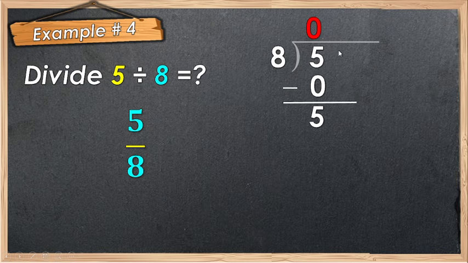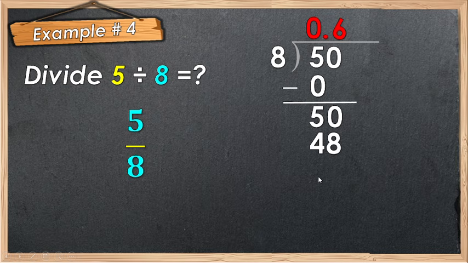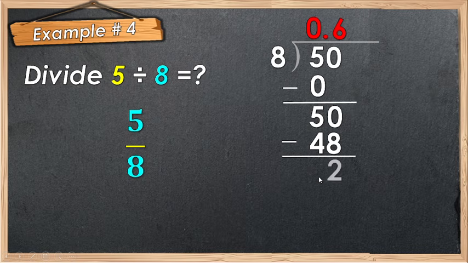Then add 0 and place the decimal point. Bring down 0. 50 divided by 8, the answer is 6. 6 times 8 is 48. Then 50 minus 48 is 2. Then you add 0. No need to place another decimal point because we already have the decimal point.